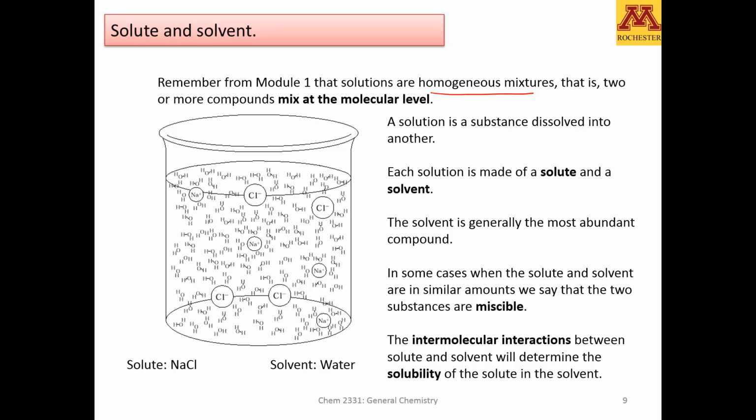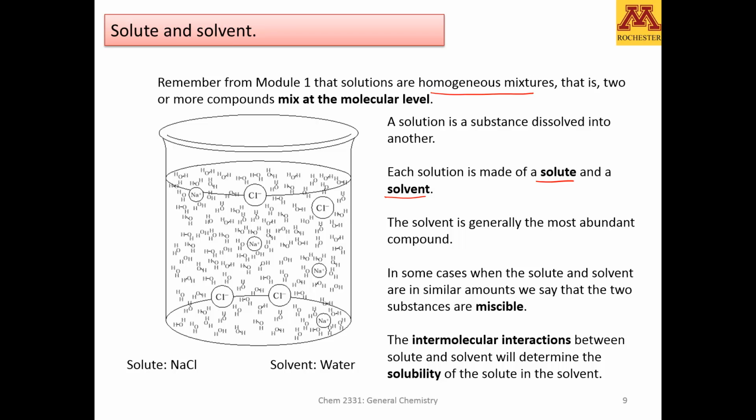That is, at any small amount of solution that you take, the proportion of the different components will be the same. We will call solute and solvent those two or more components. Solvent will typically be the most abundant, and solutes will be the ones that are not solvent. Most of the times, the amount of solvent is so much more abundant than the solute that it'll be pretty evident to distinguish those two.